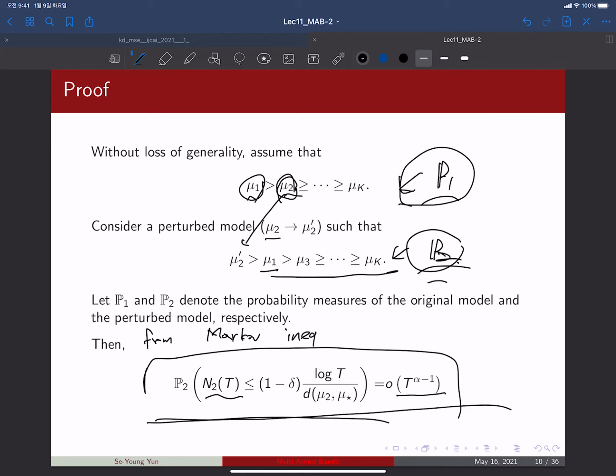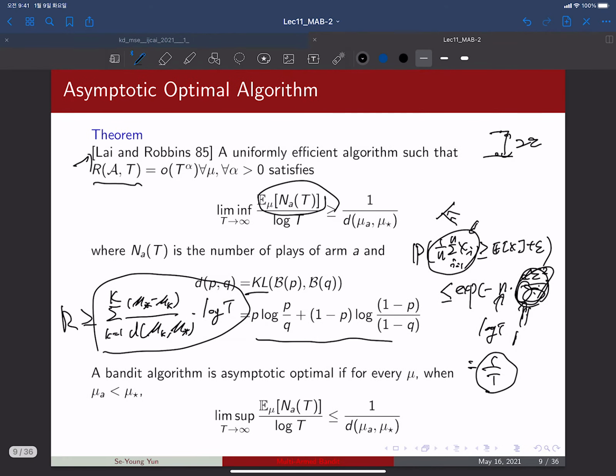Why? From the uniformly efficient algorithm assumption, we have the regret condition for every possible model. A uniformly efficient algorithm has to satisfy this regret condition for all possible models.